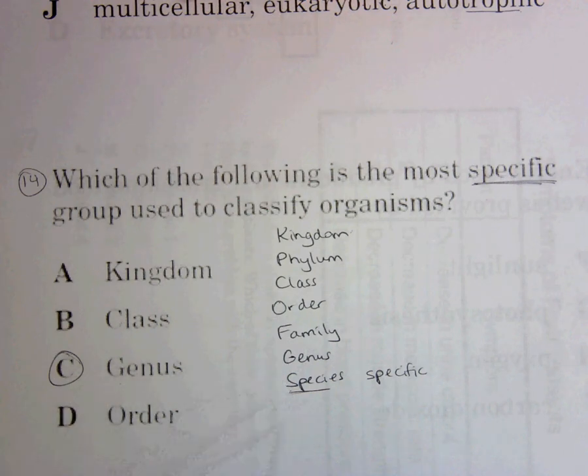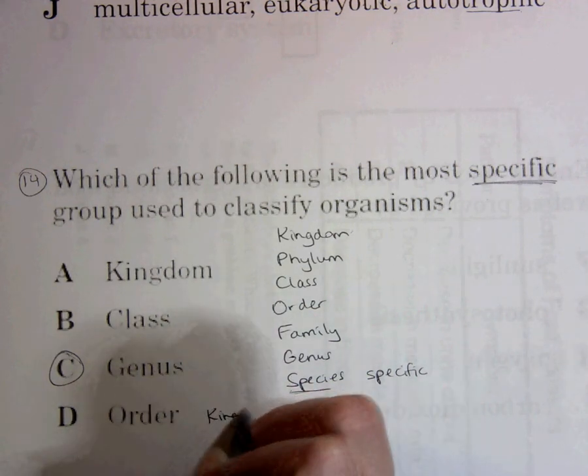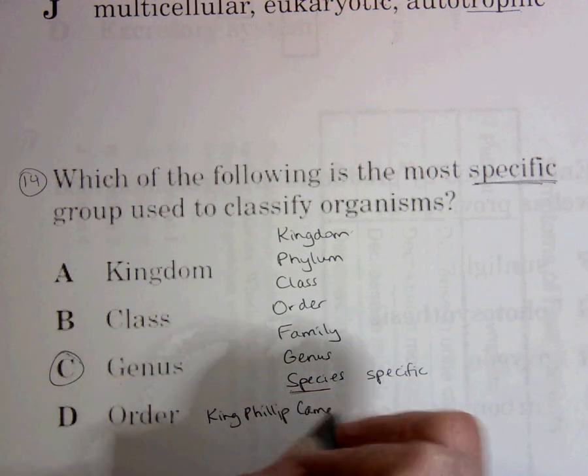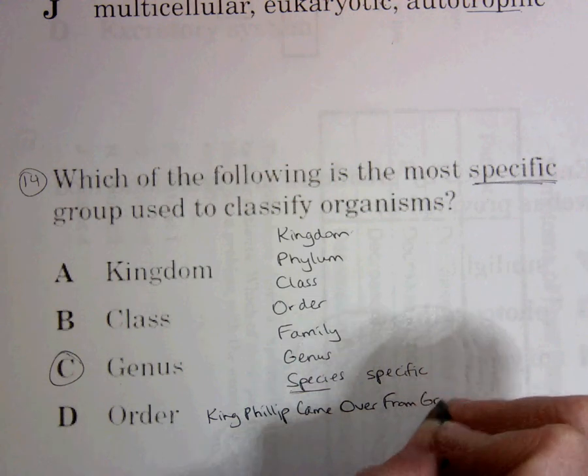A way you can remember these in order, a mnemonic that we can use, is King Philip came over from Great Spain.